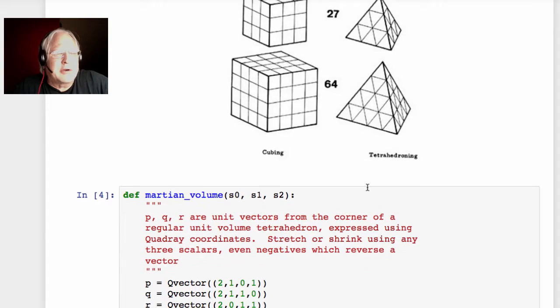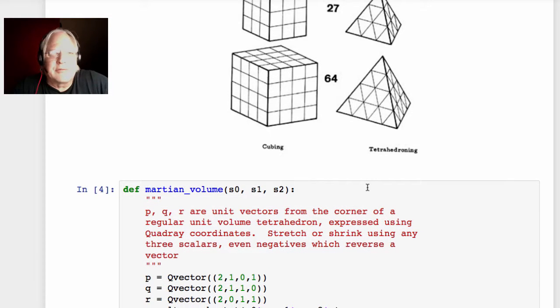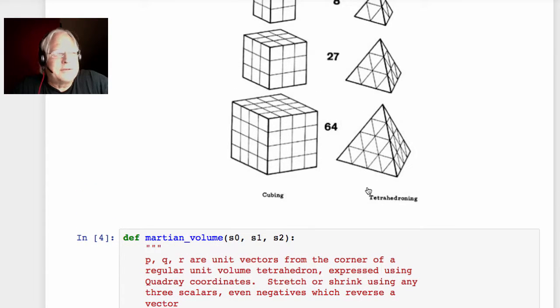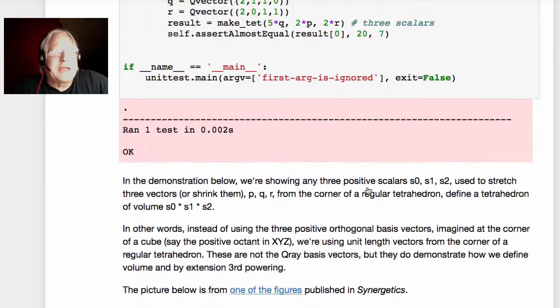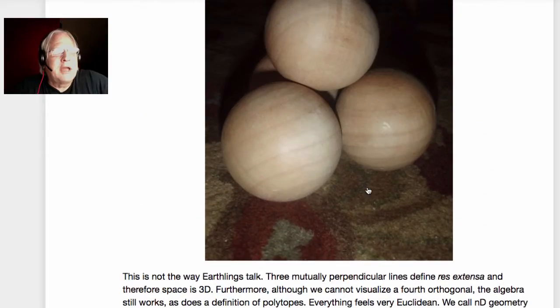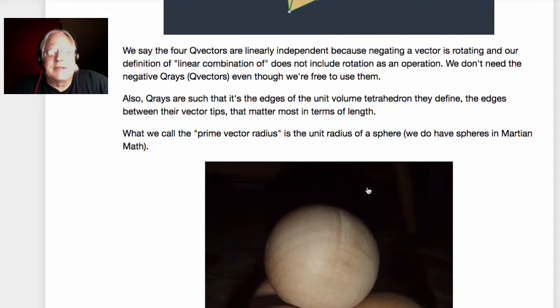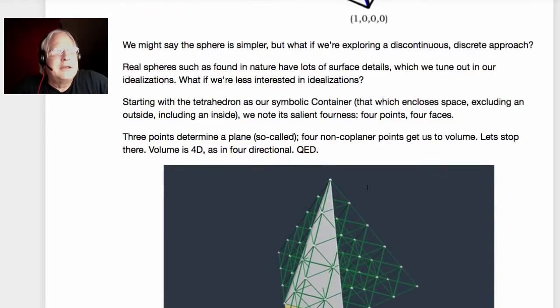I'm talking about what are called Q-rays, Q-vectors, quad-rays, tetra-rays. I've seen them called different things, and people argue if it's barycentric or what is it, but it's really not that complicated. It's just four, I'm going to call them basis vectors and then justify calling them that later.